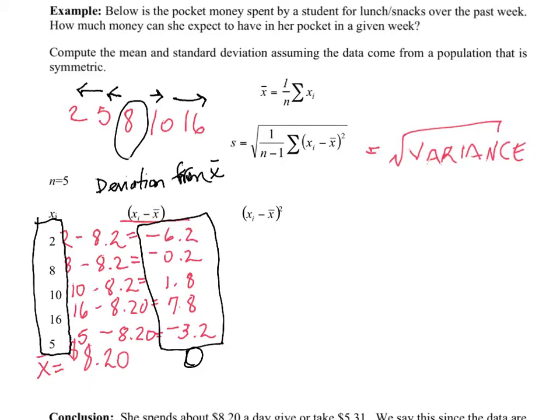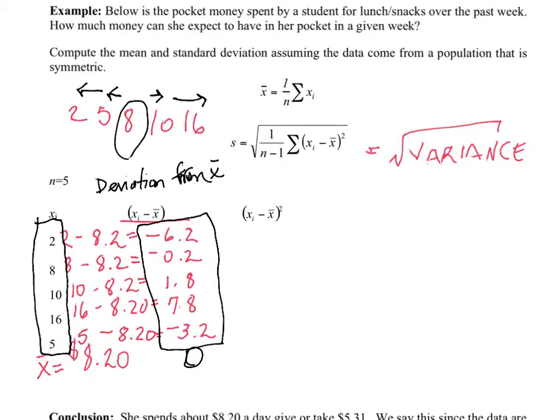So in other words, the distribution is equally spread out around the mean. Being equally spread out, if I just take the deviations from the mean on both sides, these will always sum to 0. So they cancel each other out.